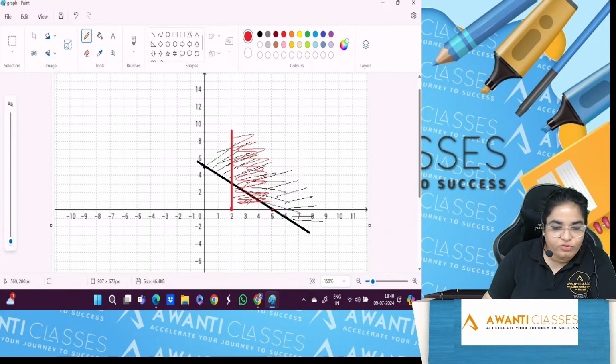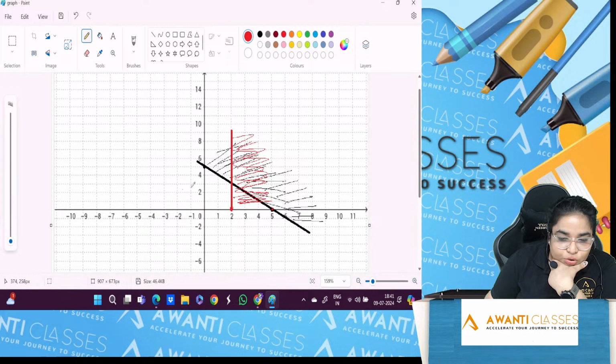Now, whenever there are two inequalities, there is an area of common solution. What does that mean? If you look at this area, only black shading is there. Red shading is not there. Similarly, in this area, only red shading, no black shading.